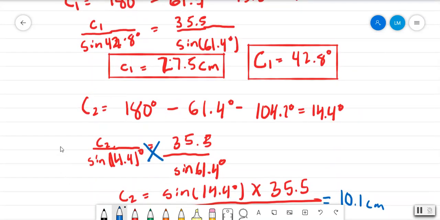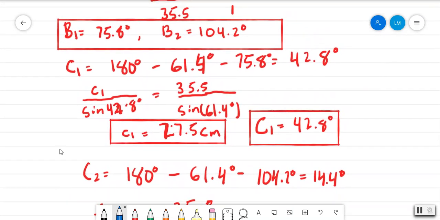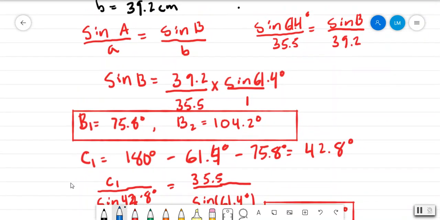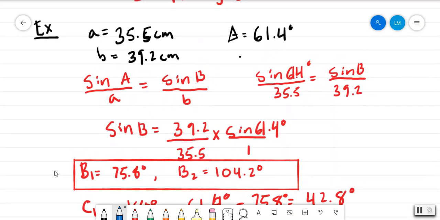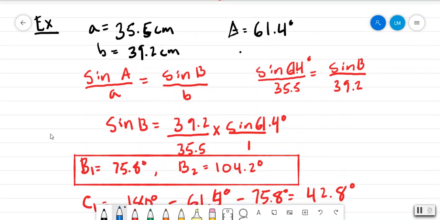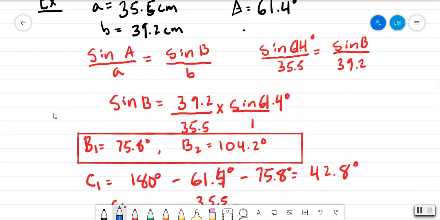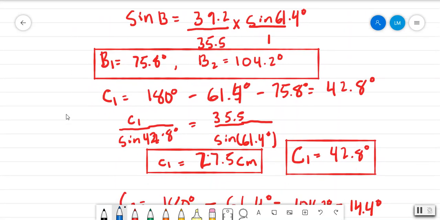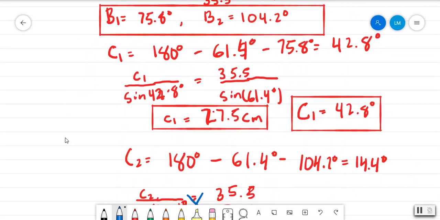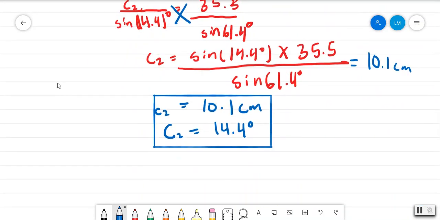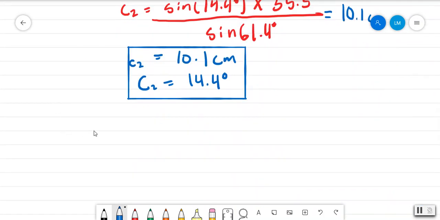Now, I would not really technically recommend that you try to draw the diagram as it relates to this problem. You're going to find that you're going to end up with two triangles basically. For example, it does kind of look like the diagram that I drew earlier, something like this.